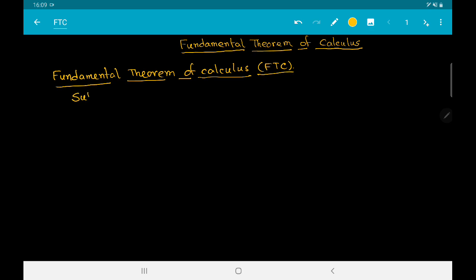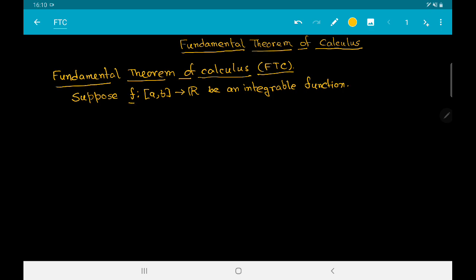What we need is a function which is Riemann integrable on a closed and bounded interval. So suppose that f from the closed interval [a,b] to R is an integrable function. We know what integrable functions are; we have discussed the definition and properties in great detail.